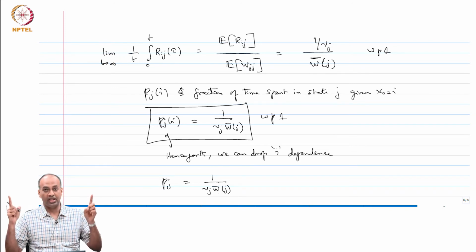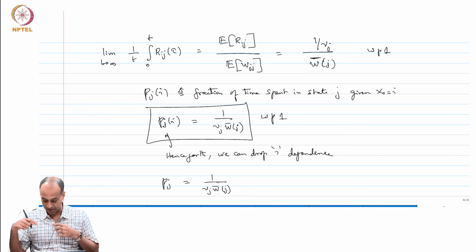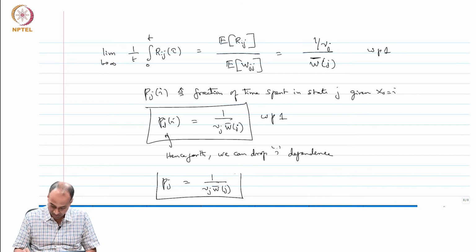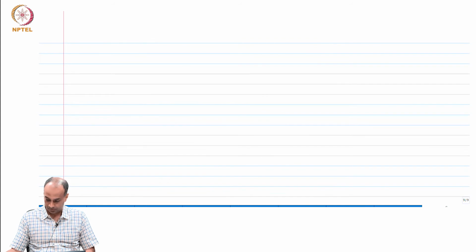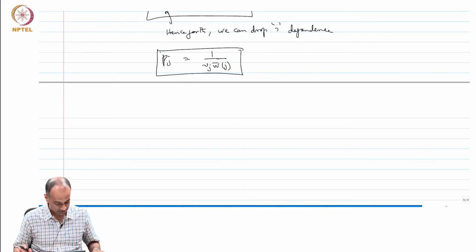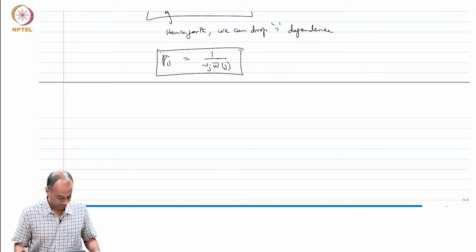So, w bar of j is the expected renewal interval, and 1 over nu j is the expected amount of time spent in state j whenever you enter state j, in one renewal interval. So, Pj is this, almost surely. Excellent. So, this is a very nice result.